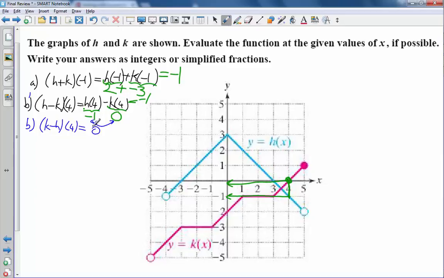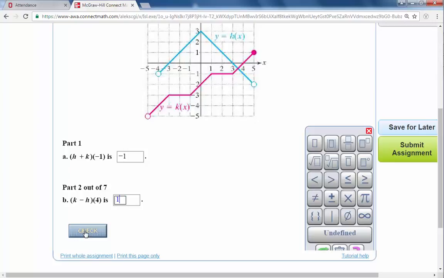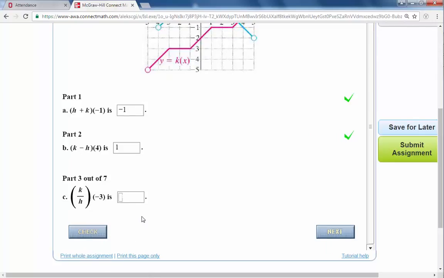So it's going to be 0 first and then -1 next, but subtract it. So the answer becomes +1, technically the opposite of this number. Good.